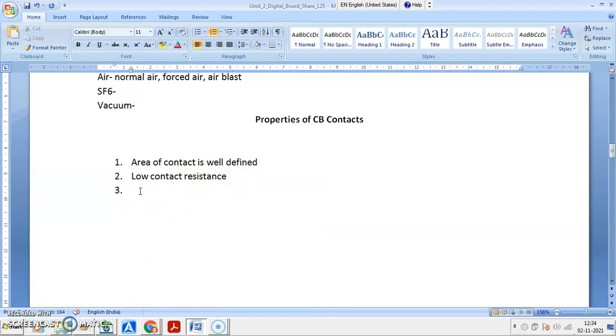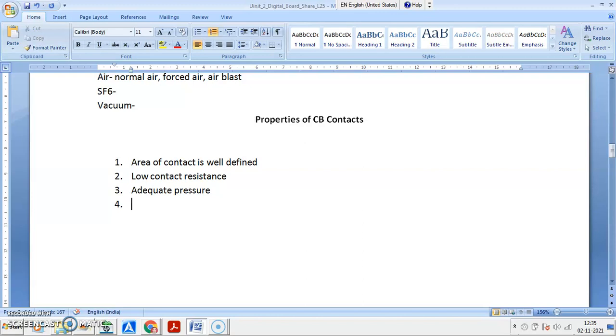Then contact pressure should be adequate. The contact should be able to bear adequate pressure.